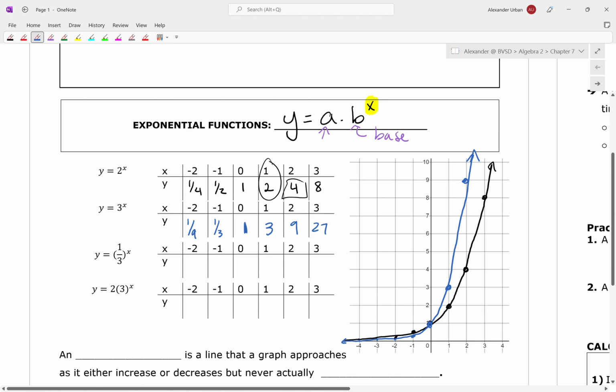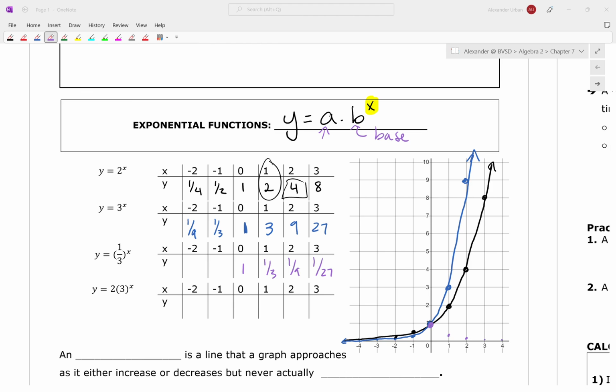So let's do (1/3) to the x this time. And you'll see this graph's going to look a little different. Anything to 0 power is 1. 1/3 to the first power is a third. 1/3 to the second power is a 9th. 1/3 to the third power is 1/27th. So I'm going to graph these. I got 1/3, then 1/9, then 1/27th, and 1/81st.